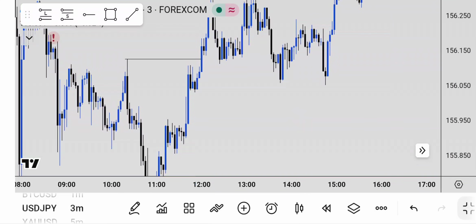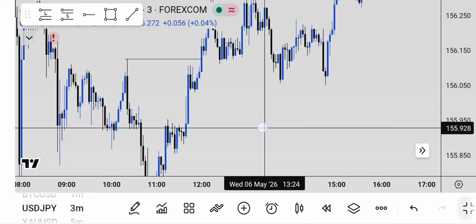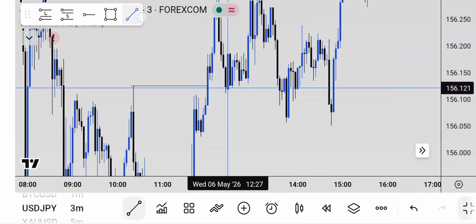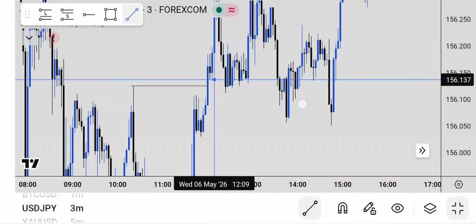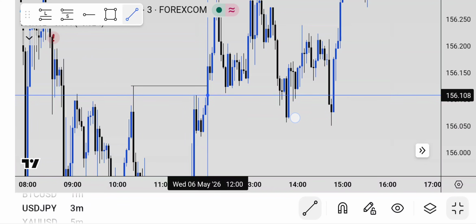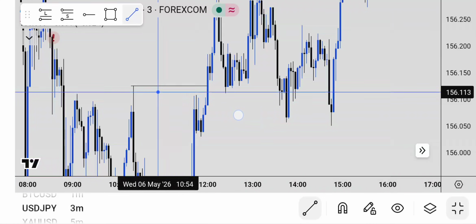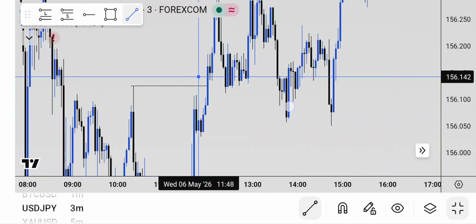I want to make it very easy and simple. I don't like things being complicated. So now this is the breakout structure. After the structure happened, this is what's supposed to be our inducement. I can use this as our inducement because this candle closed with a full body. It didn't close with the wick, so it's a correct market structure shift.